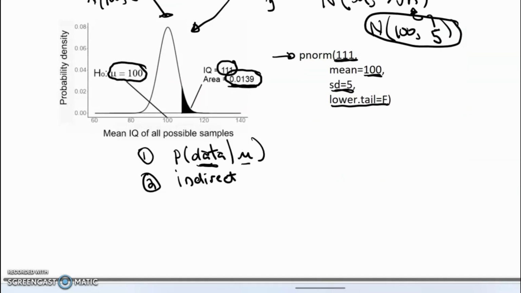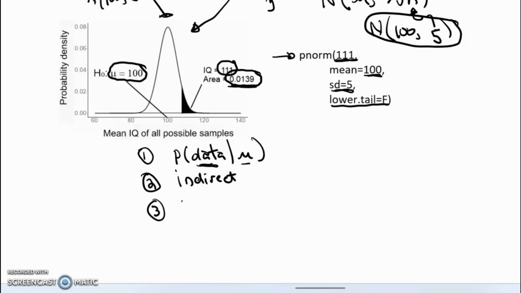And the third thing is that the p-value by itself provides only a little information. What does this p-value of 0.0139 represent? It's telling us that there's only a very tiny probability that the true mean IQ of the IB students is equal to 100.